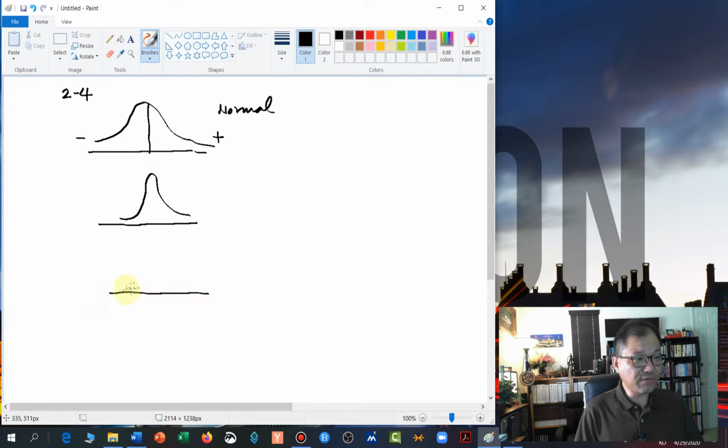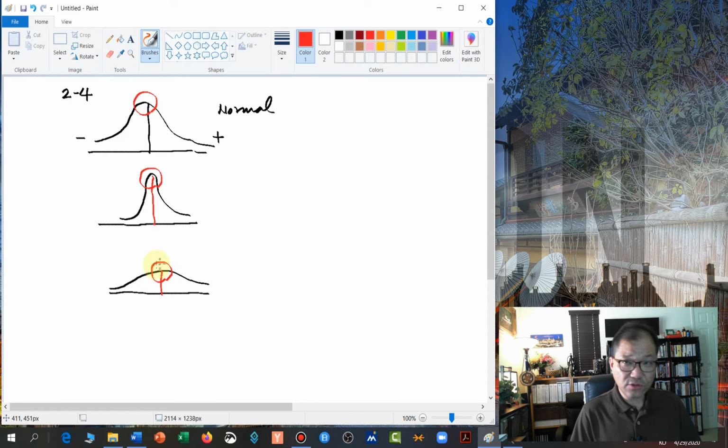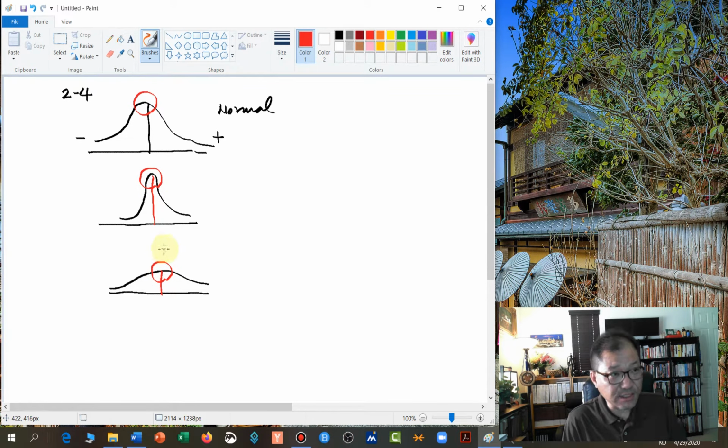Sometimes you will see very flat. However, you will see the middle is always high. According to the central tendency, the middle is always popped up. But their shape is relatively different.